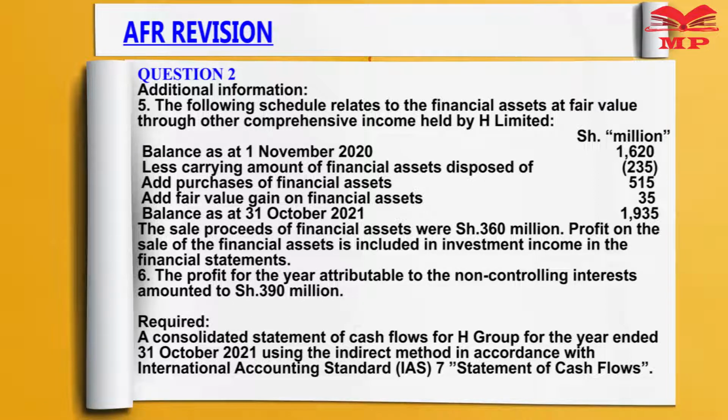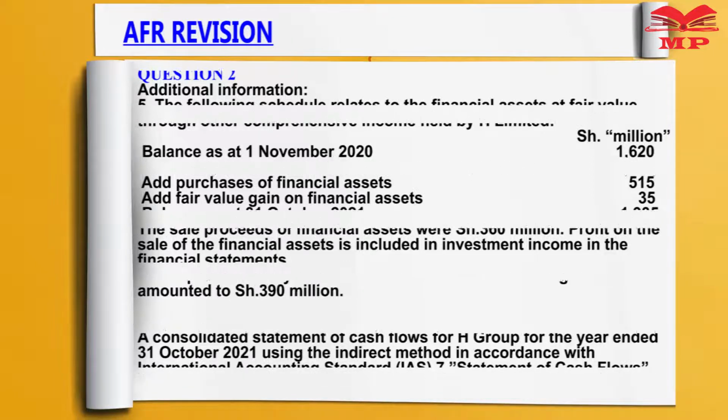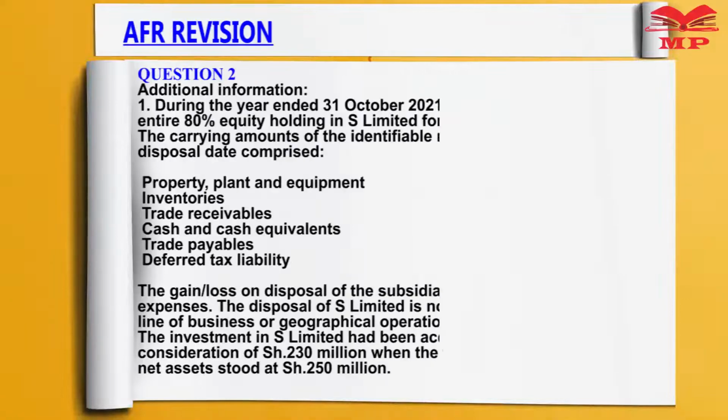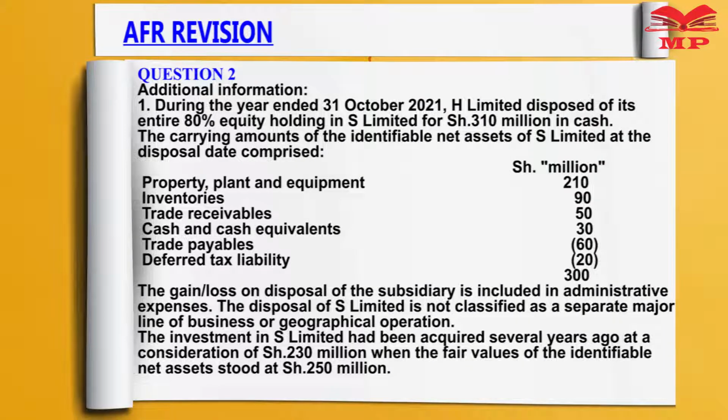So let's go through the additional information as we do a few workings. Remember, we are doing question number 2 here. In additional information note 1, we are told during the year which ended 31st October 2021, H Limited disposed of its entire 80% equity holding in S Limited for shillings 310 million in cash.